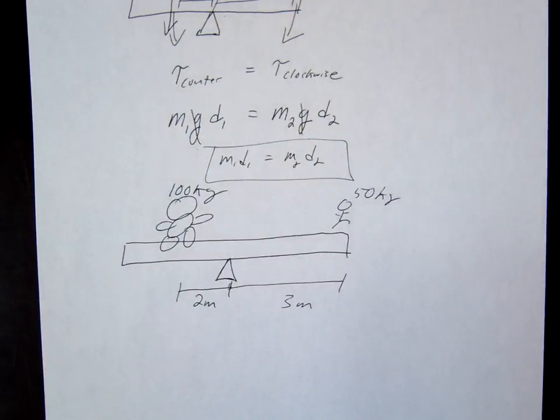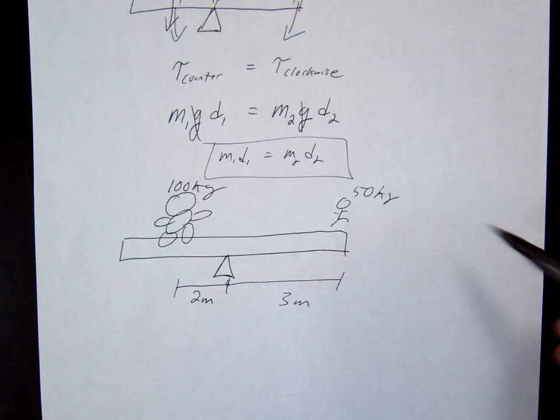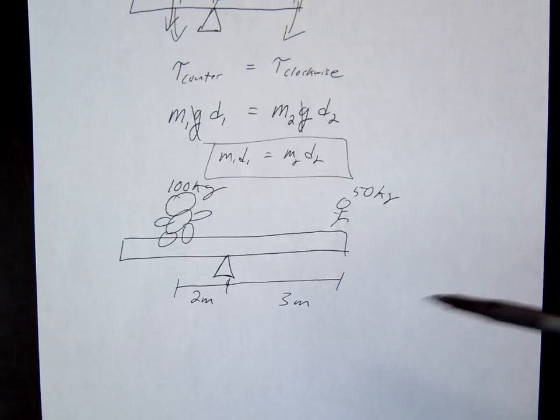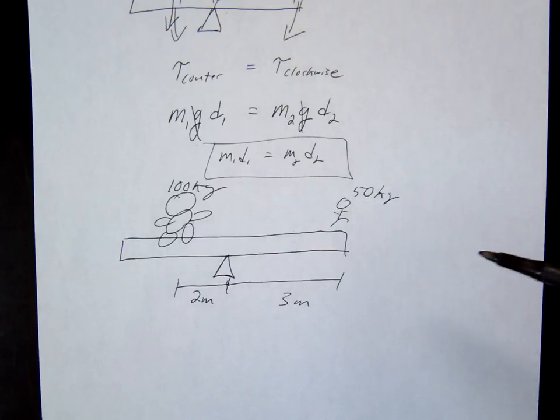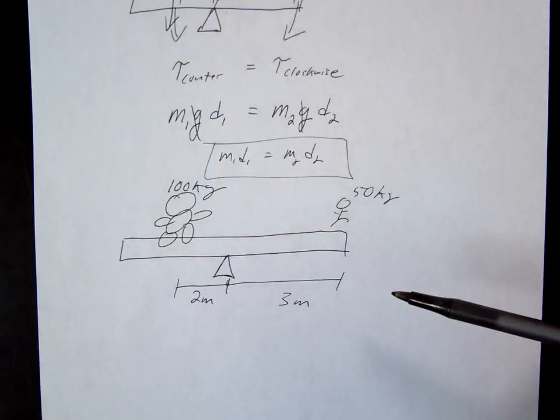Okay, just doing a quick calculation in your head. Are we in equilibrium? No. Okay, so let's take your little sister. Who's going to win this battle, by the way? Which direction are you going to move? Down on the counterclockwise or clockwise? Counterclockwise, right? Dad's torque is larger than our torque in this case.